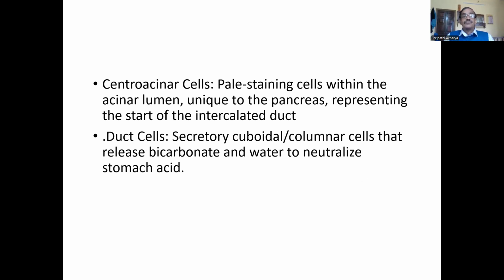Centroacinar cells: pale staining cells within the acinar lumen, unique to the pancreas, representing the start of the intercalated duct. Duct cells: secretory, cuboidal or columnar cells that release bicarbonate and water to neutralize stomach acid.